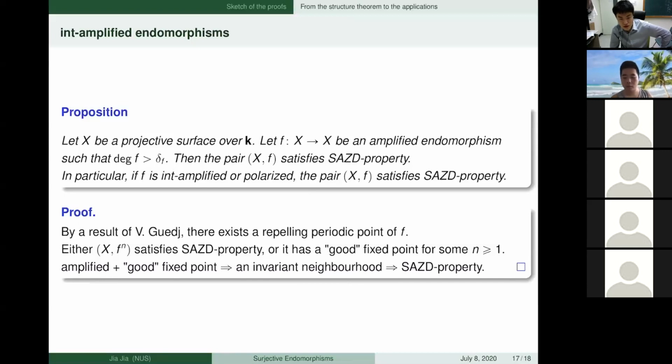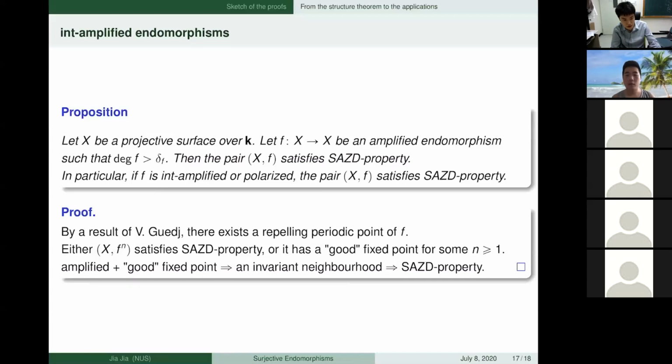So he only assumed an amplified endomorphism. I think even amplified is not necessary. If the degree of F is greater than delta F, then automatically it is anti-amplified, I guess. Oh, okay. I see. Because you have the minimal eigenvalue delta F. By Hodge index, you have D plus and D minus having intersection. So delta F times delta F should be equal to the degree of F. So the degree of F greater than delta F implies delta F is greater than 1.